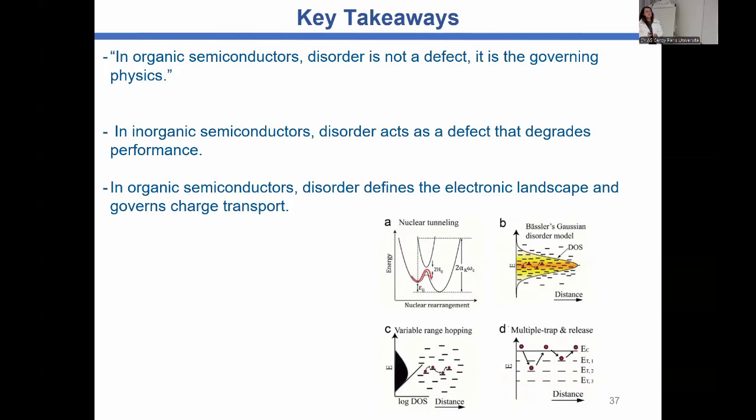It's the governing physics that rule the transport. The disorder can act to degrade the performance on inorganic semiconductors, but in organic semiconductor, the disorder defines the states for electronic movements, and also they govern the charge transport.